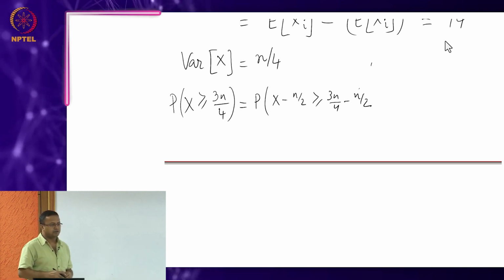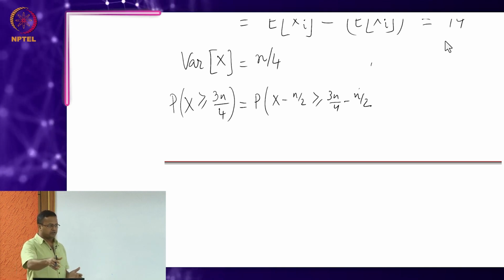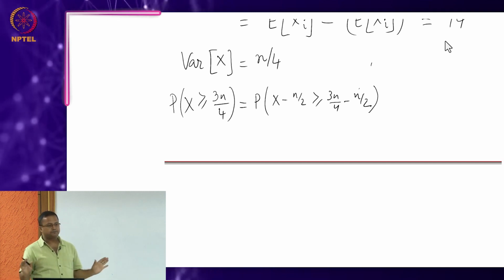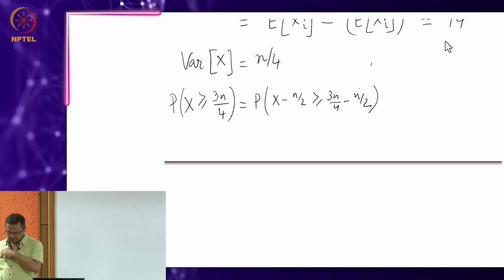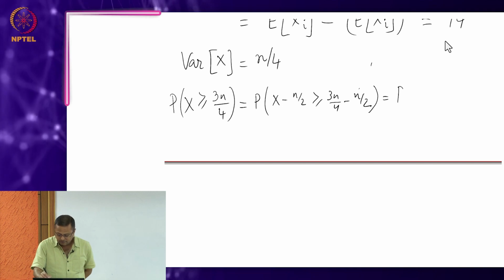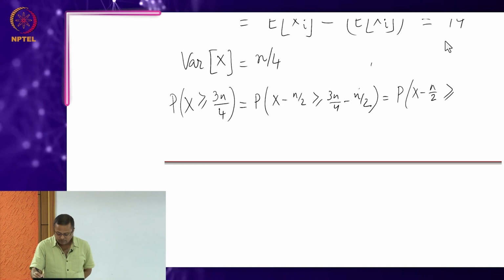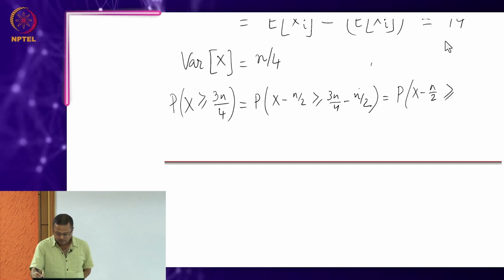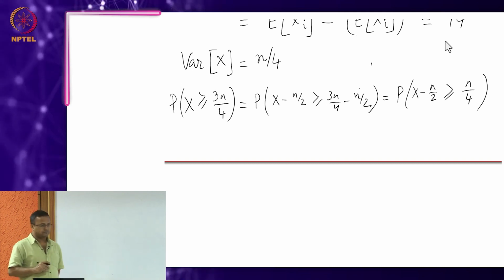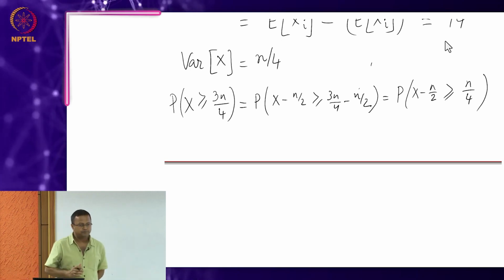The set of all values that the random variable x is going to take satisfying this inequality. You agree to this? So what is this right side? Sure. So this is n by 4, right? This is still not in the form of Chebyshev.